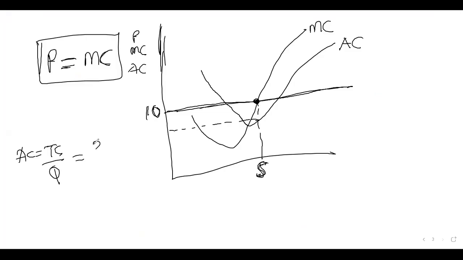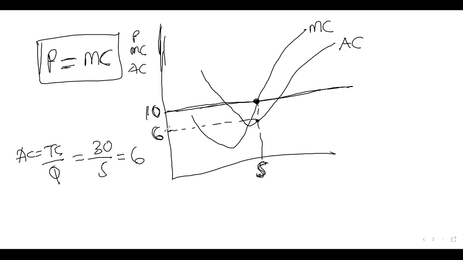So now we will have 30 over quantity, which is what? 5. So the average cost is 6, okay? So once we put the quantity in the average cost function, we are going to get the average cost. So once we trace the quantity to the average cost curve, we can get the average cost here, which is 6, okay?